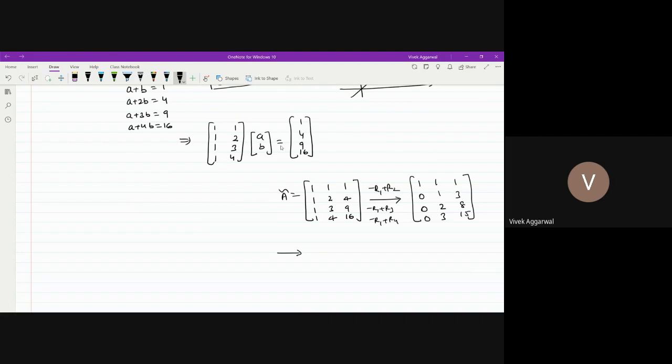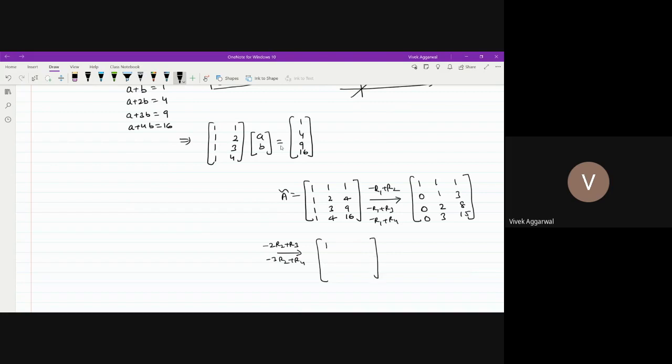So I'll apply minus 2 R2 added to R3, and then minus 3 R2 added to R4. So this operation I'm applying.